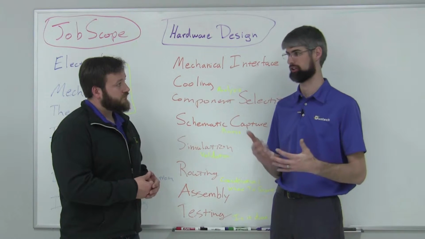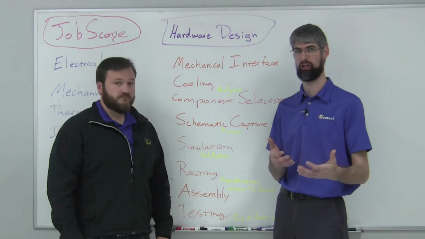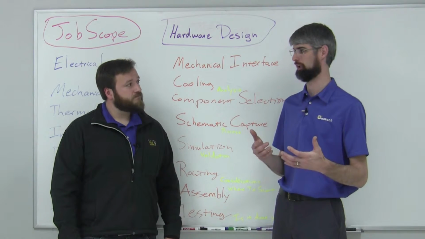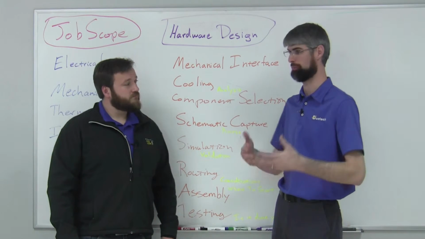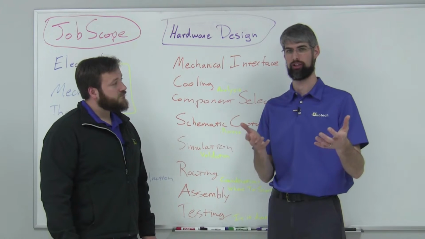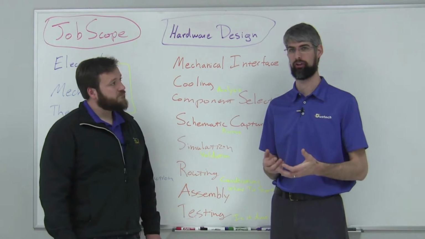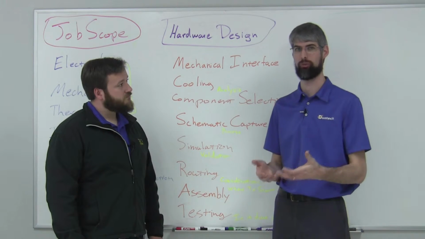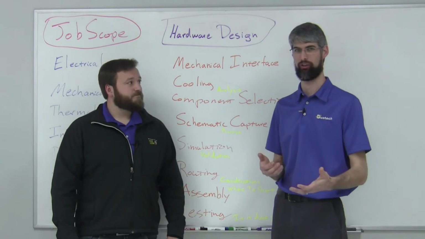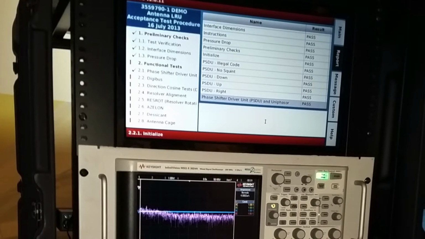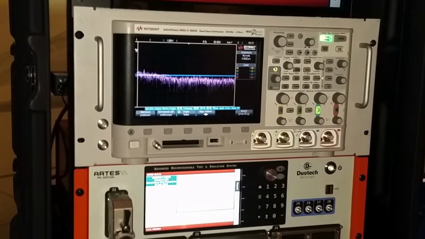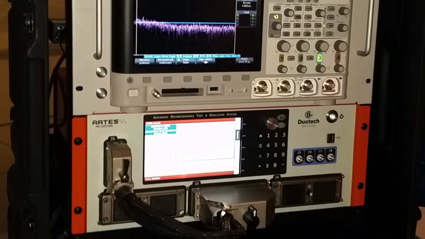Duotech Services has a history of taking the problems that you have and developing the circuitry, developing not just a circuit board but an entire system that is going to solve that problem, putting it together, and then bringing it into a producible, testable item. Sure. And being able to take it through the testing phase, whether that be mil qualification testing, integration testing, or reliability testing, whatever that may involve.